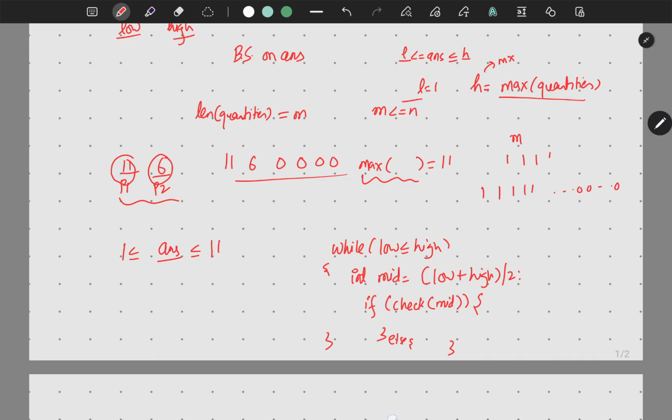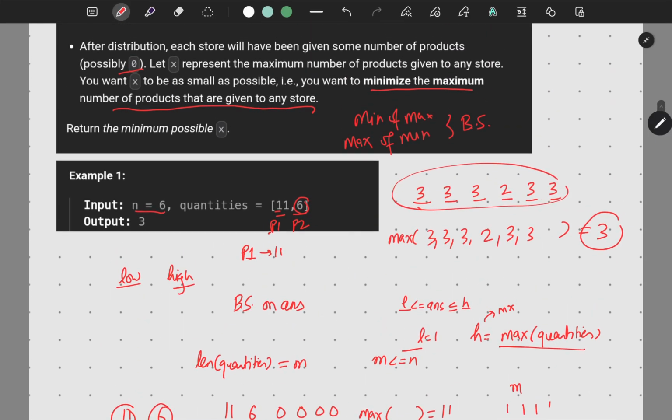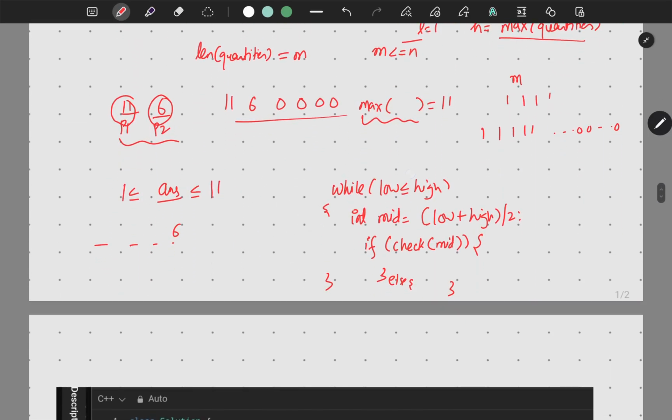So if mid is possible, that means there is a way we can distribute items to the store such that the maximum quantity of any product that the store can have is 6. Okay, so that means we have one answer of this minimum of maximum problem to be 6.